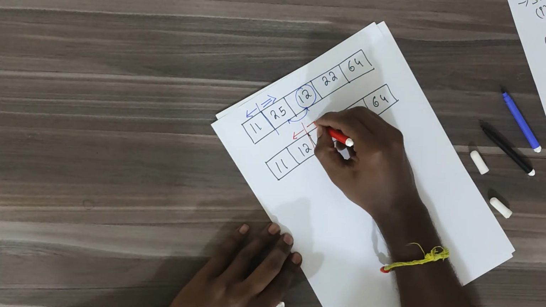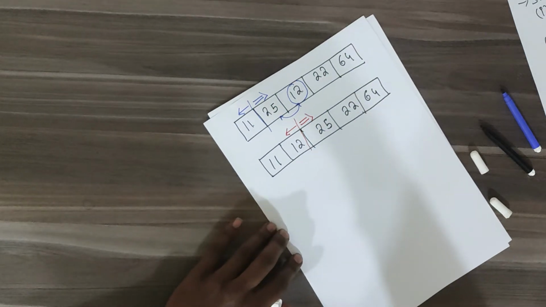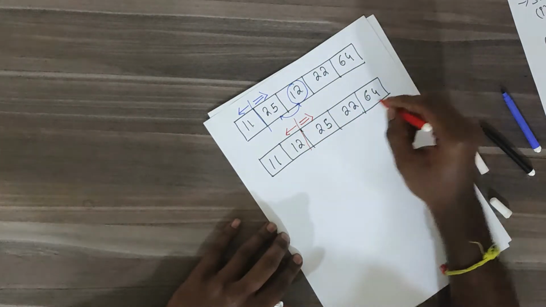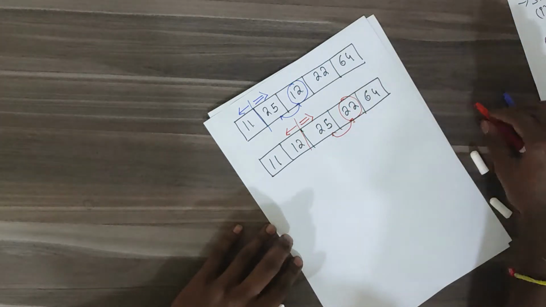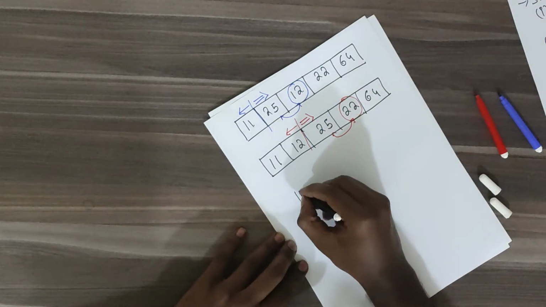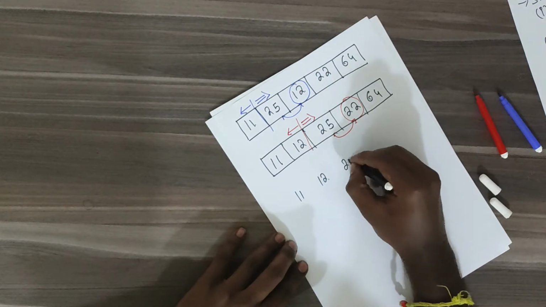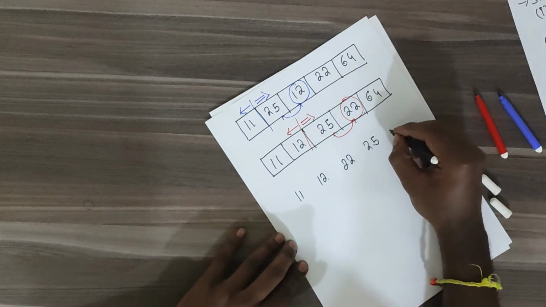Now again we have to continue the selection sort for the rest of the array. Again finding the smallest element and then swapping it with the first element, we get 11, 12, 22, 25 and 64.